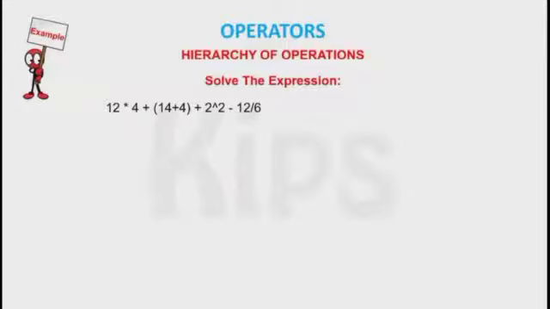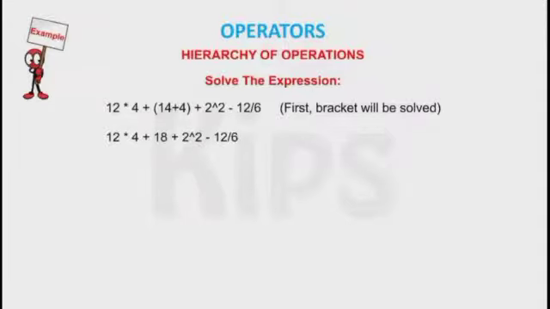12 multiply 4 plus, in brackets, 14 plus 4, plus 2 exponentiation 2, minus 12 divide 6. First the bracket will be solved. 12 multiply 4 plus 18 plus 2 exponentiation 2 minus 12 divide 6.